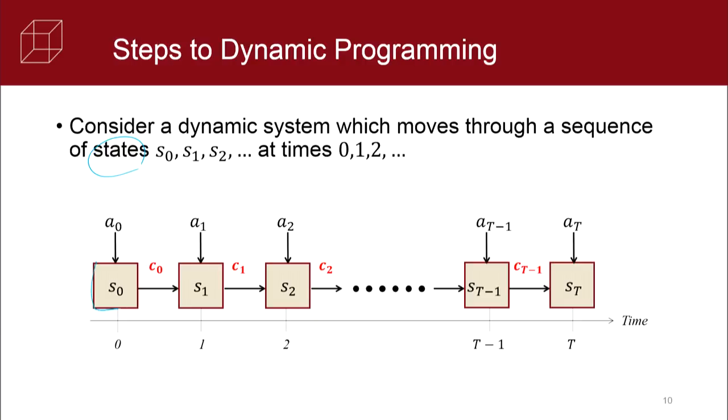Given the current state, there is a decision maker who makes the decision A1, and that leads to the next state of the system. Then, by observing the current state S1, the decision maker makes the decision A2, and that leads to the next state, S2, and so on. So we keep doing this in the system.